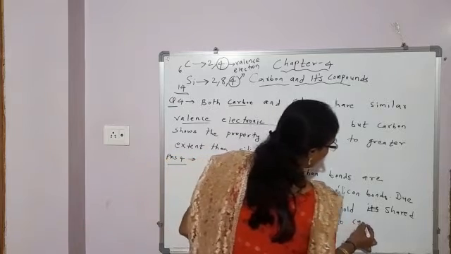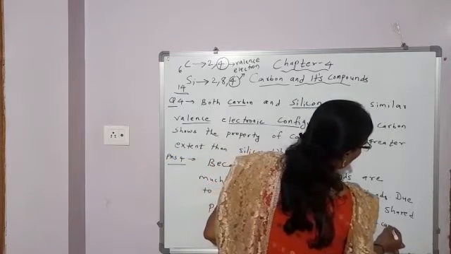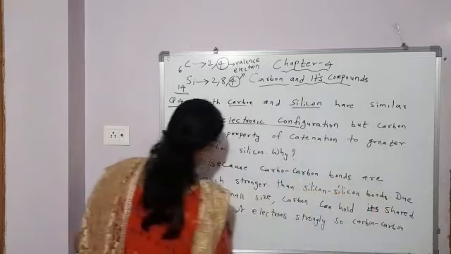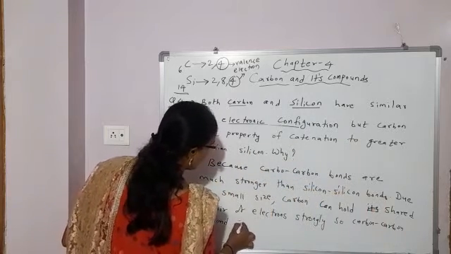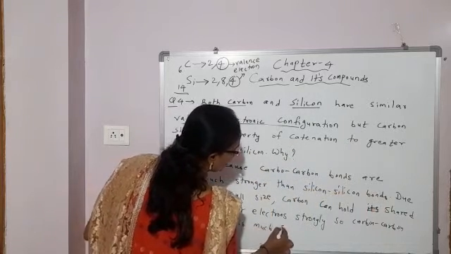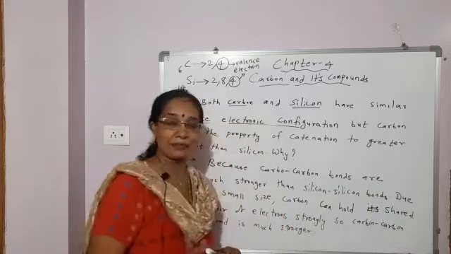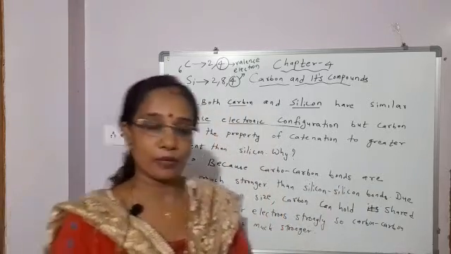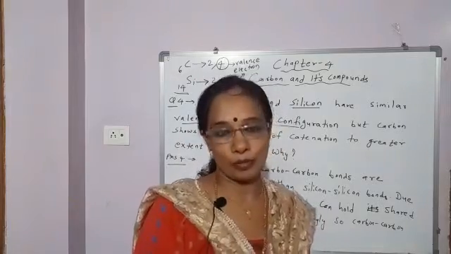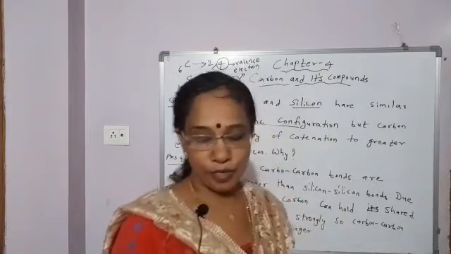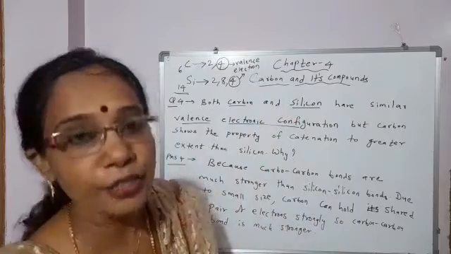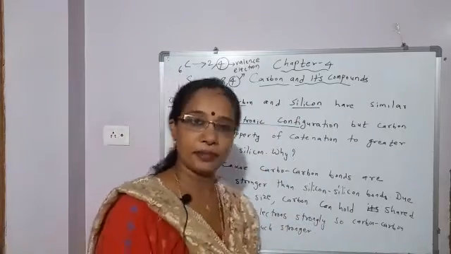So the carbon bond is much stronger, and the compounds formed are exceptionally stable, carbon compounds more than silicon compounds. So carbon shows the property of catenation to a larger extent. Okay.